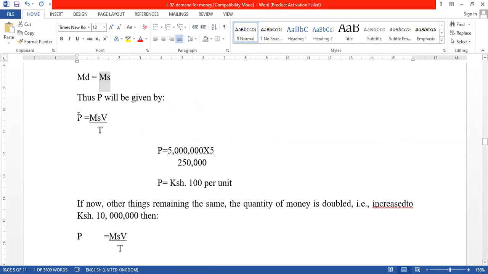So this still holds when we replace MD with MS, demand and supply. And therefore, at that equilibrium, the price will be equal to the money in supply multiplied by the velocity divided by T.